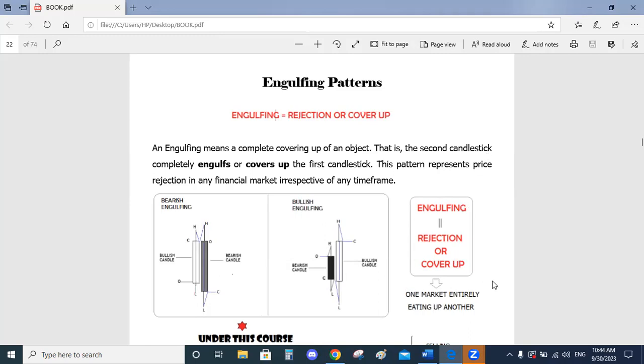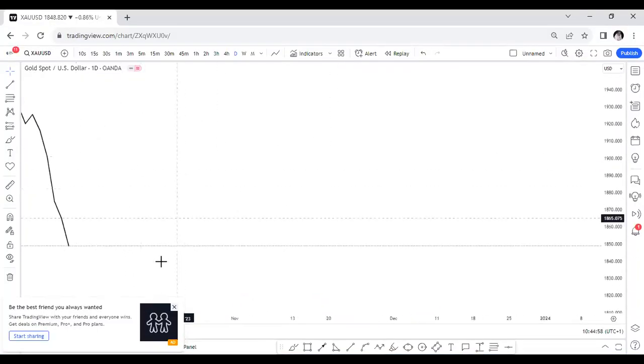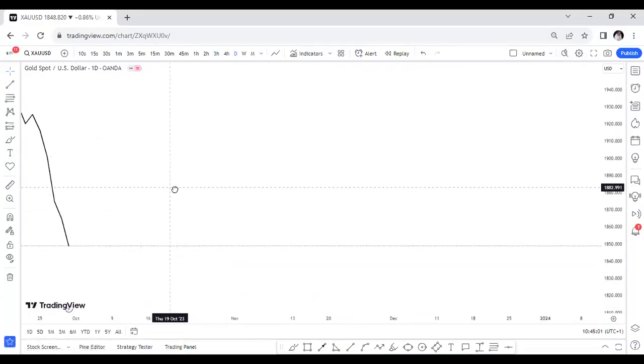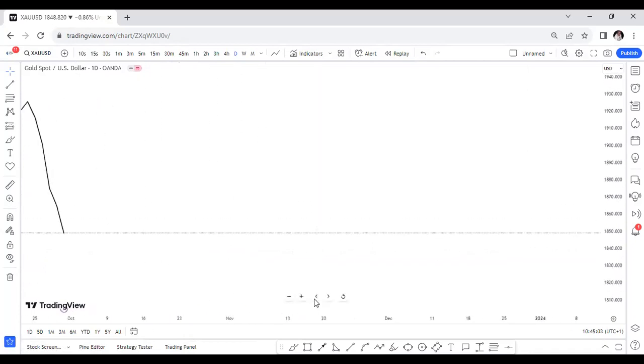The basic thing is that engulfing is entirely one market eating up another one. It's all about price and rejection of price manipulation. The same concept of manipulation or rejection is what engulfing represents in the market.